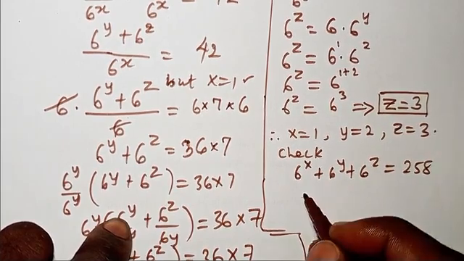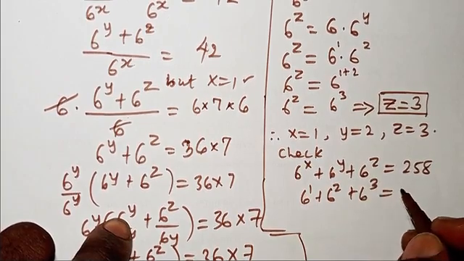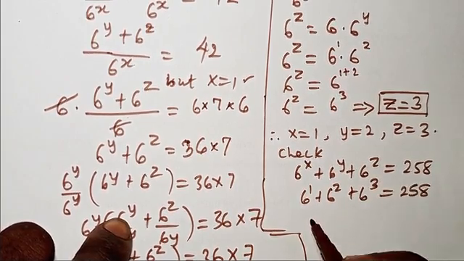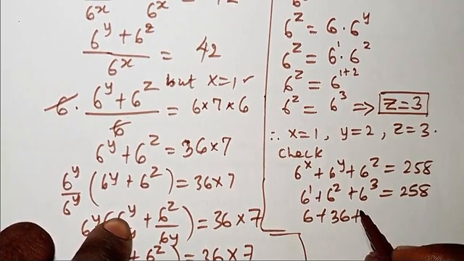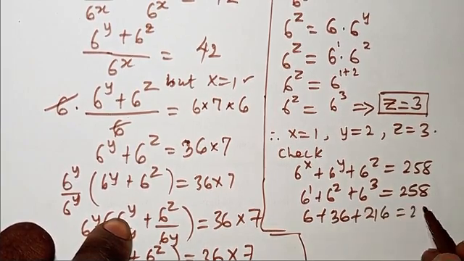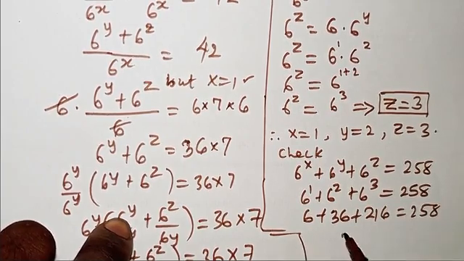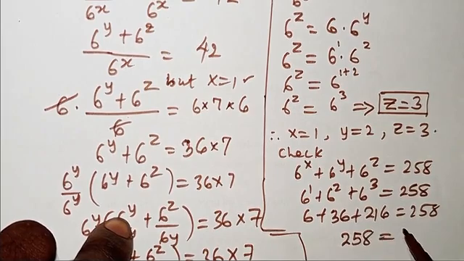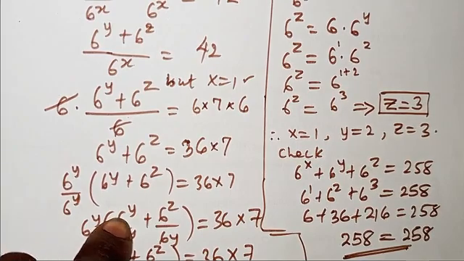So we have 6 to the power 1 plus 6 to the power 2 plus 6 to the power 3. 6 to the power 1 is 6, this will be 36, while this will be 216. When you add all of this together, we have 258, which equals 258. So therefore, we have our solution: x equals 1, y equals 2, and z equals 3.